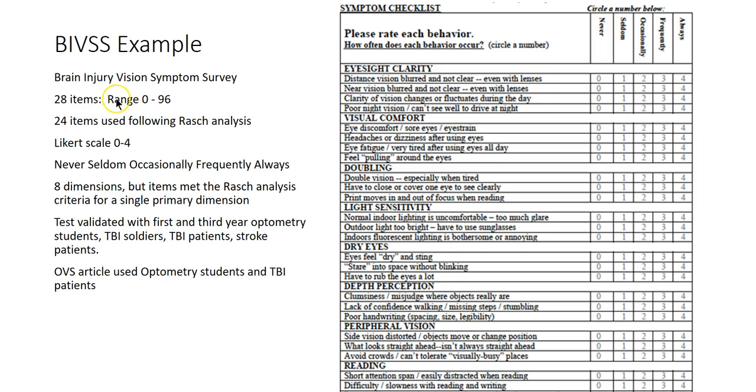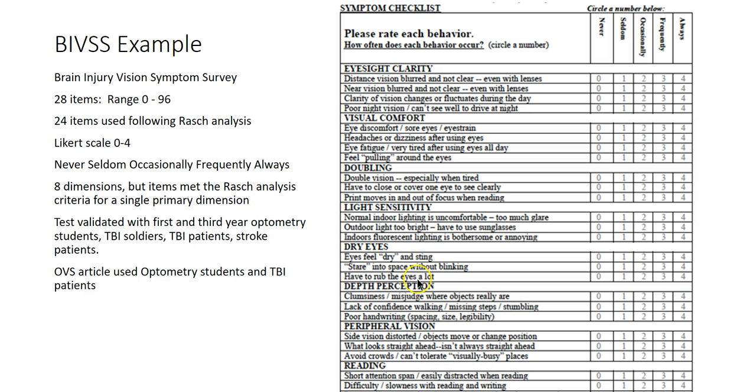Actually, I said the range is 0 to 96, but we only use 24 of the items, so that range is 0 to 96. Each question is a Likert scale, 0 to 4: never, seldom, occasionally, frequently, always.